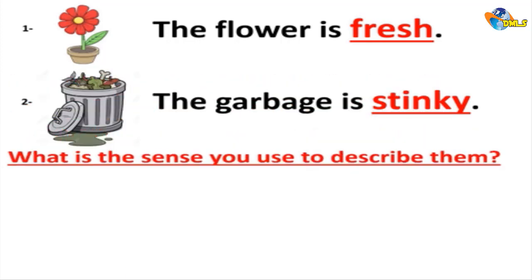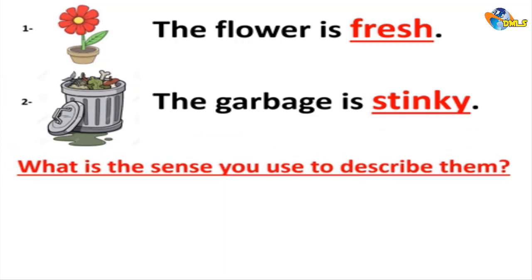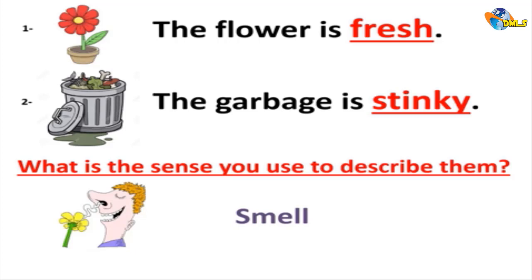And what is the sense you use to describe them? From your five senses, seeing, hearing, smelling, tasting, touching. What is the sense you use? You use smelling. Yes, we use our nose to smell and know which one is fresh and which one is stinky.